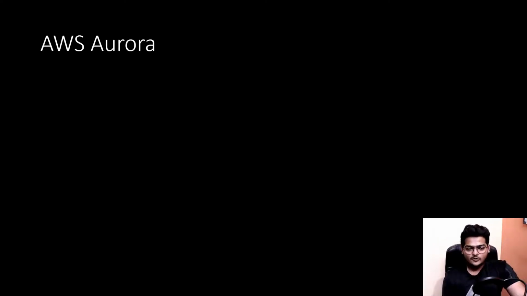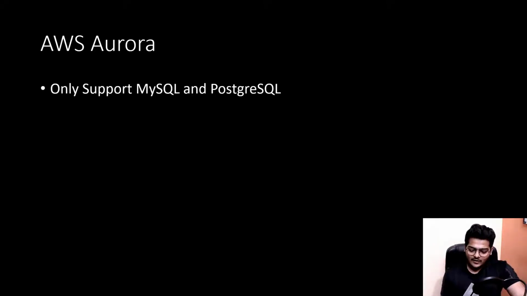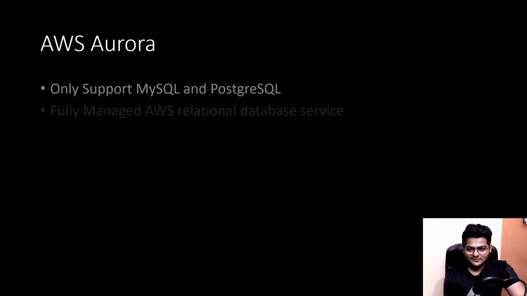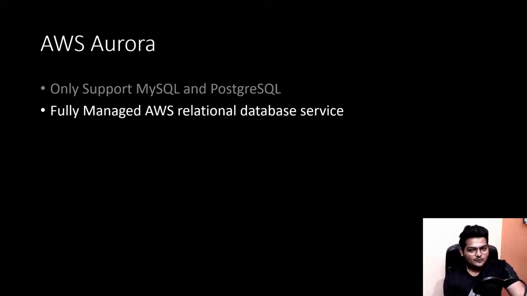Let's discuss AWS Aurora. Unlike RDS, Aurora only supports the MySQL and PostgreSQL database engines at the time of making this video. So if you're watching it later, you must check the documentation to see if it now supports all the database engines. Aurora is a fully managed AWS relational database service.